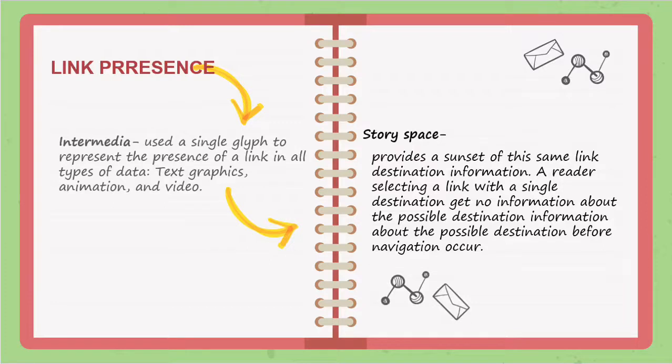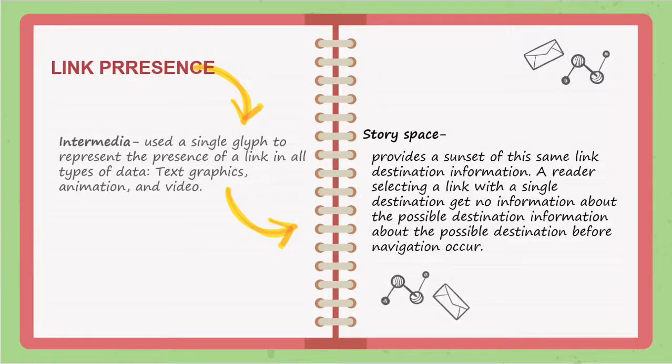The trade-off between supporting a complex visual code to differentiate link typing versus the simplicity of a single visual link presentation is important to consider. It becomes important to distinguish among different link types only if links behave in significantly different ways or if a property of the link destination such as quality or quantity must be indicated.